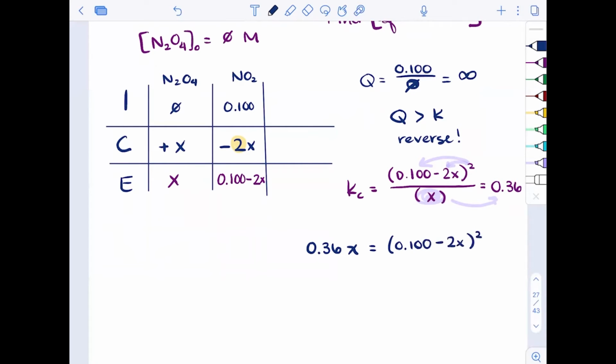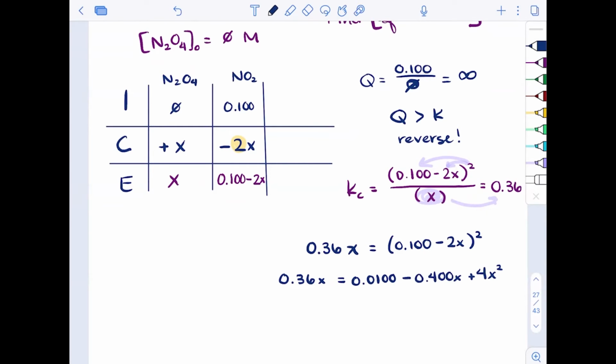I brought the X over from the denominator, and then I'm going to distribute: 0.36X is equal to 0.01, 0.1 squared, minus 0.400X plus 4X squared. If you need a refresher on foiling, first, outer, inner, last, all that stuff, take a moment, let me know, we can go over it.